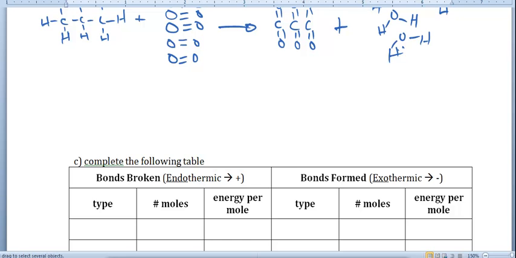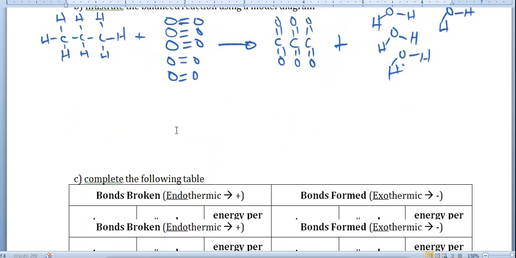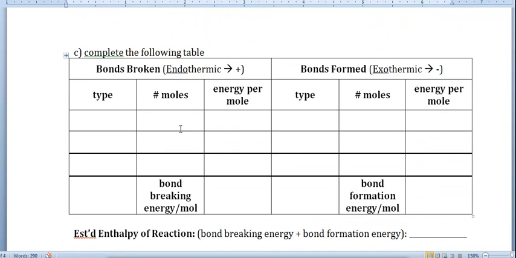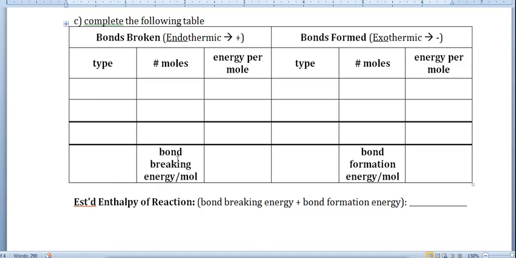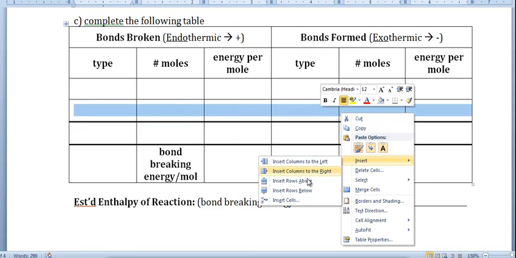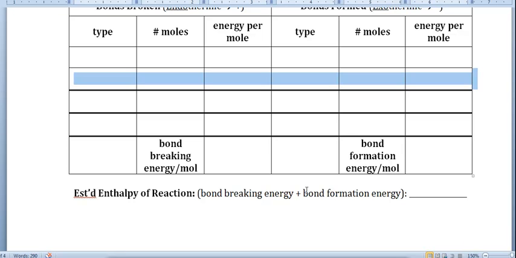Let me see if I can make some space here. All right, maybe not. Now, the table in part C, this is where we're going to take inventory of what we have. So we're going to go down all the bond types, and we're going to just tally up what we know.